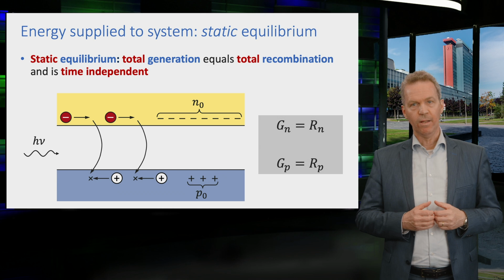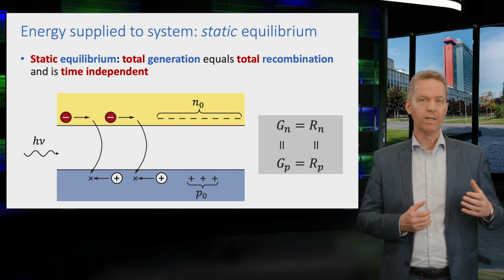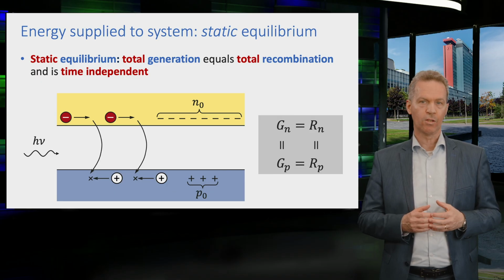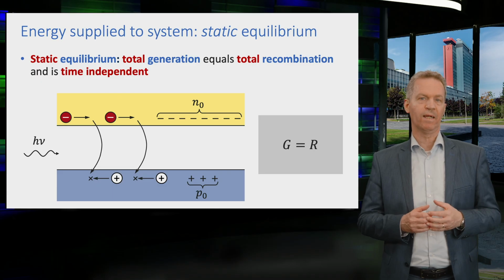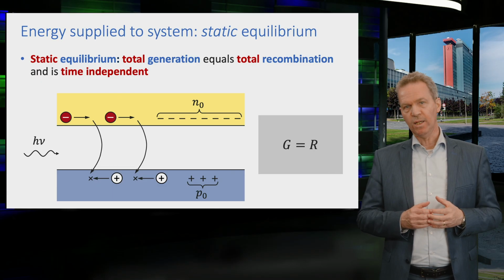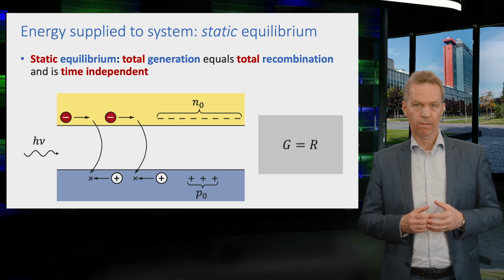As for thermal equilibrium, we can now also take the generation rate to be equal to the recombination rate, and we can simply describe these by G and R respectively. Now we have defined the generation and recombination rates in thermal and static equilibrium.